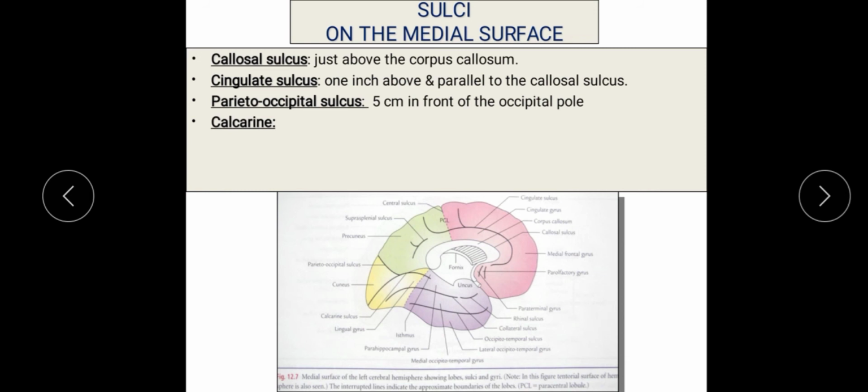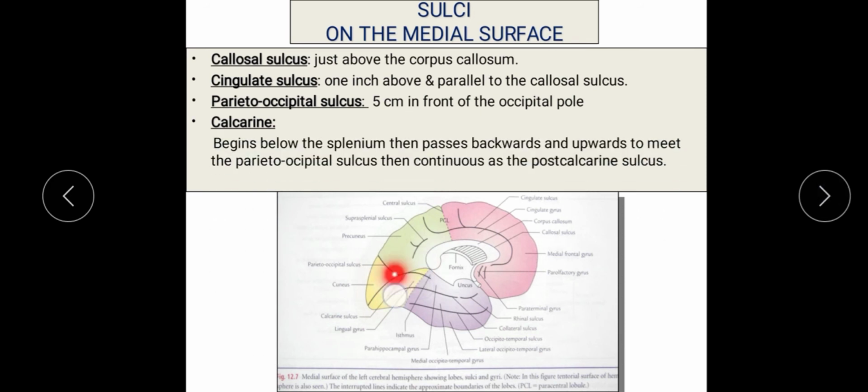The parieto-occipital sulcus. This one is the parieto-occipital sulcus, which starts from the middle of the calcarine sulcus, goes upward and crosses the superomedial border. The calcarine sulcus starts just below and behind the splenium, arcs backward and upward, and goes towards the occipital pole.